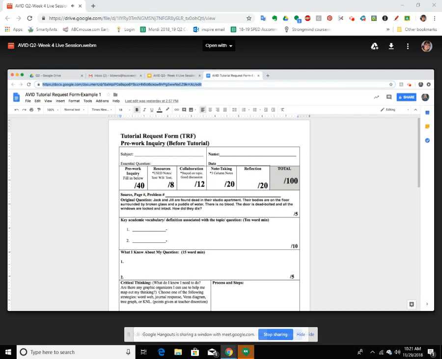So this is what we're going to do. You guys are all going to work together to fill out this TRF pre-work form, and this normally would be the step that you would do by yourself before coming to your tutorial session. So like this is what you have to do for lesson 9 before you come to your tutorial session next week with your learning team. Do you guys have any questions?